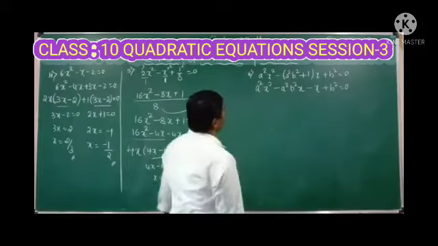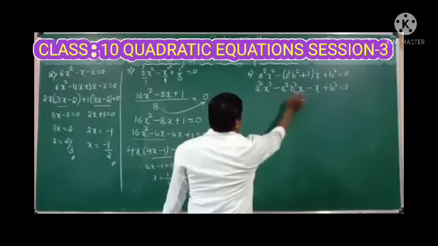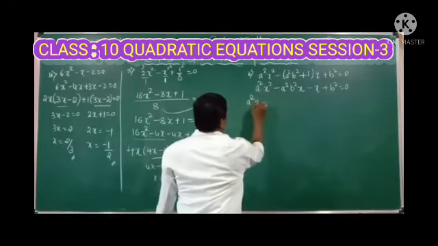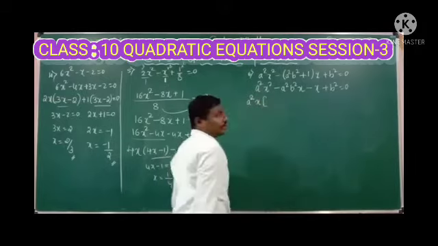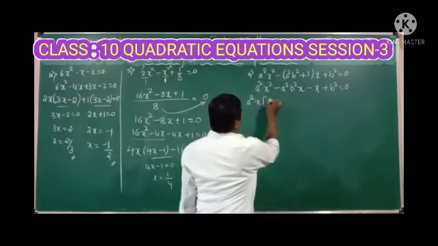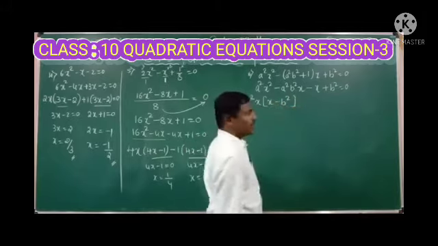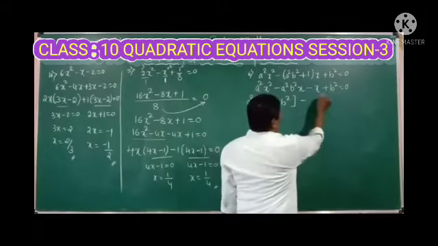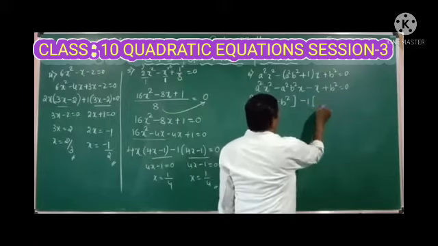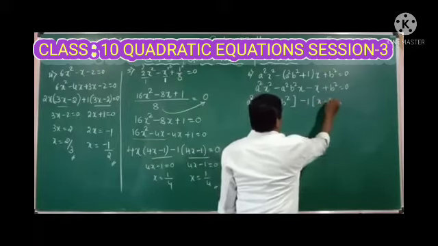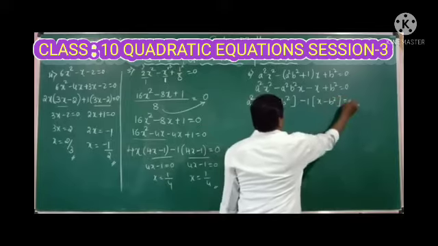Now in the first two terms, what are we getting common here? a square x. What are the remaining terms? x minus b square. In the last two terms, minus 1 is common. So x minus b square is equal to 0.